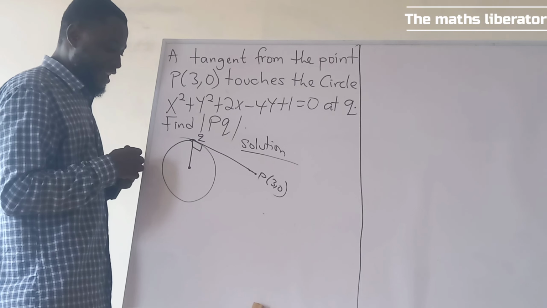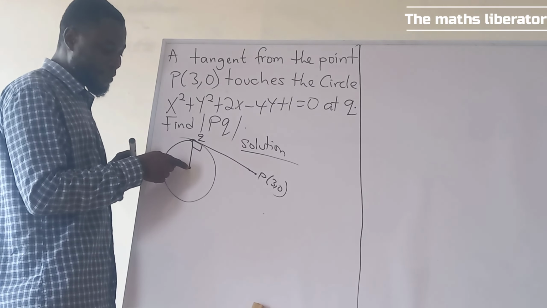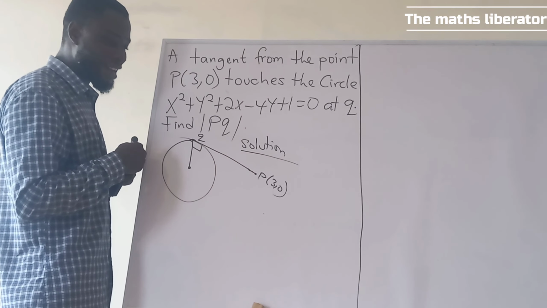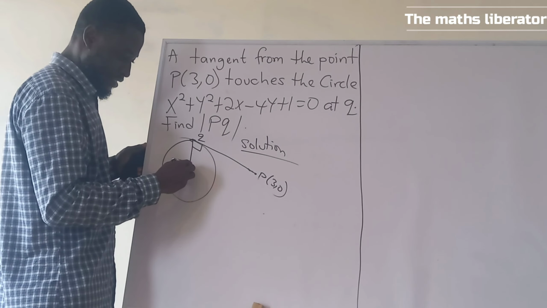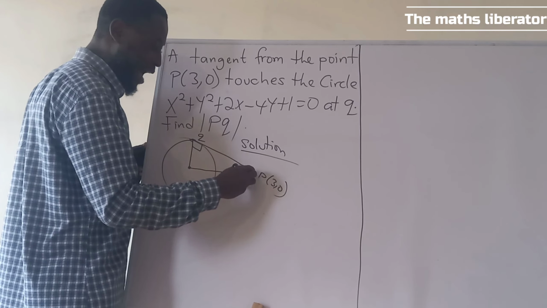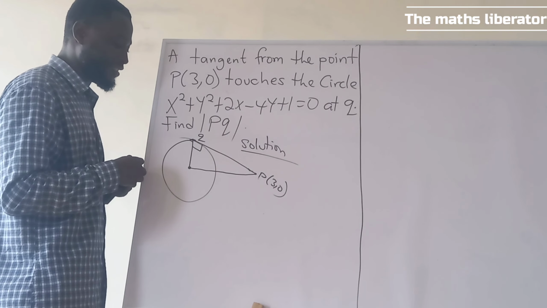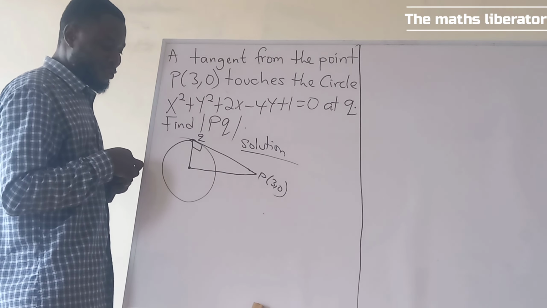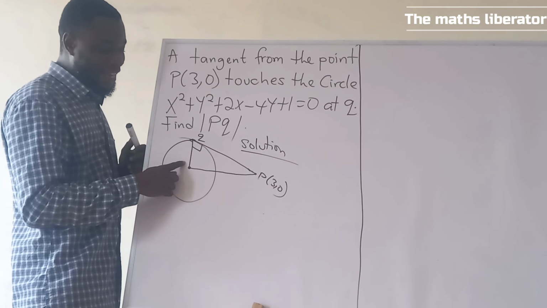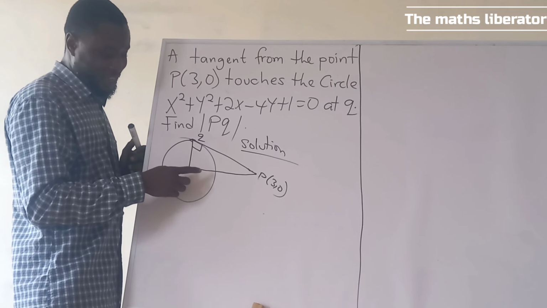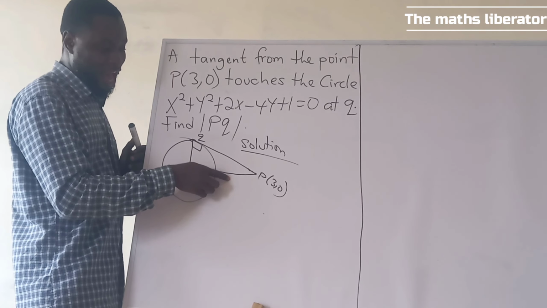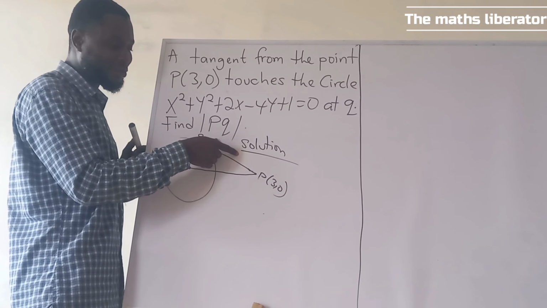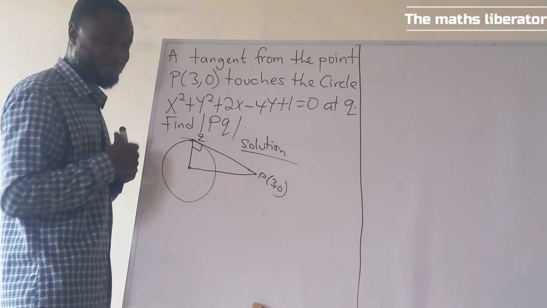When I join the center to the external point, I form a right angle triangle. So when I get the length of the radius and this length, I'll be able to get the length of the tangent, which is length PQ.